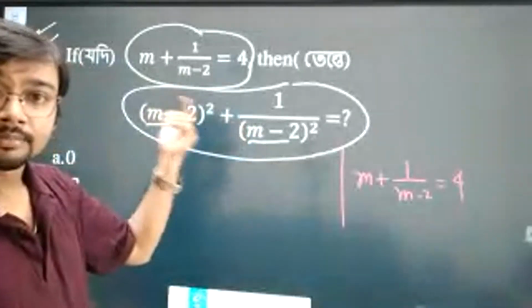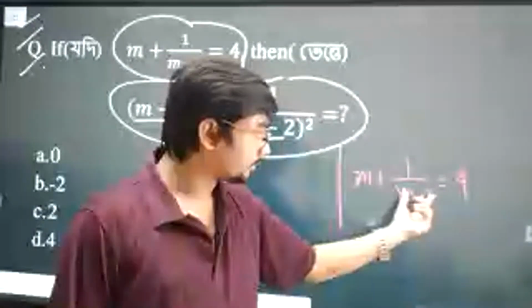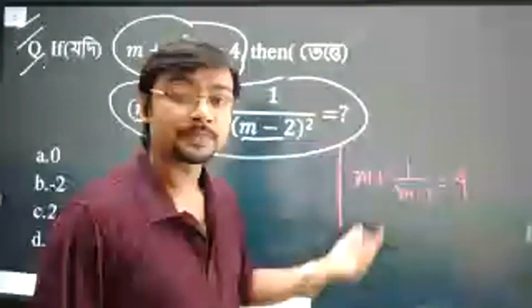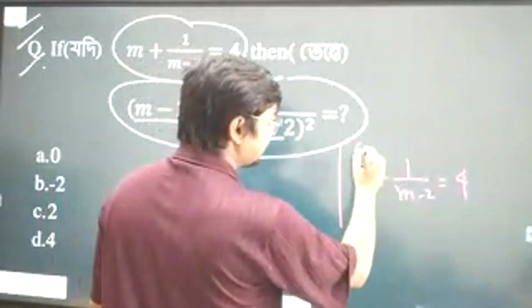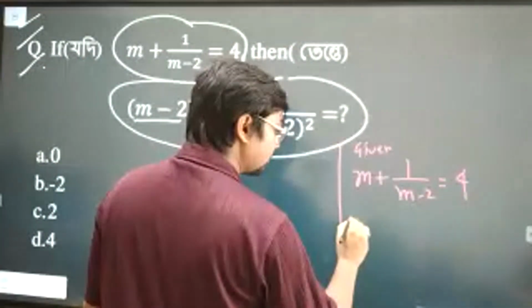But if you observe this one and this one, here they provide m minus 2 squared. But here they provide m plus 1 upon m minus 2 equals 4. So from this given part, what can we do here?